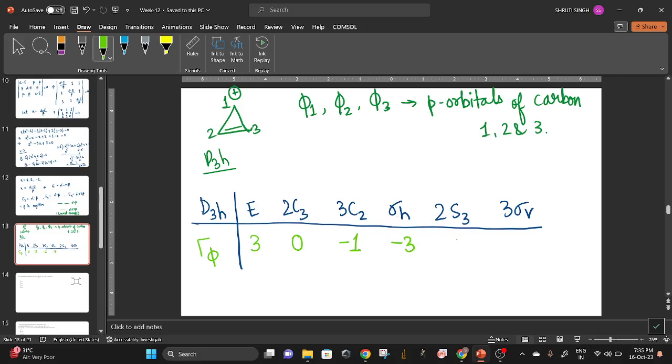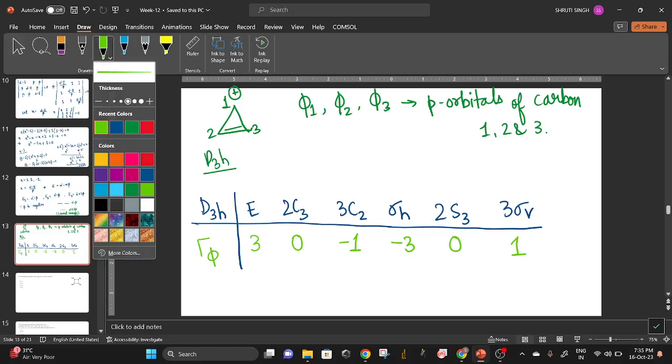Now S3 will be 0 and sigma v will be 1 because the atom through which the plane passes will undergo no change, but the other two atoms will change their places, so they will swap. But here the sign will be positive only because it is a plane, not a rotation. Okay, so this is the reducible representation.